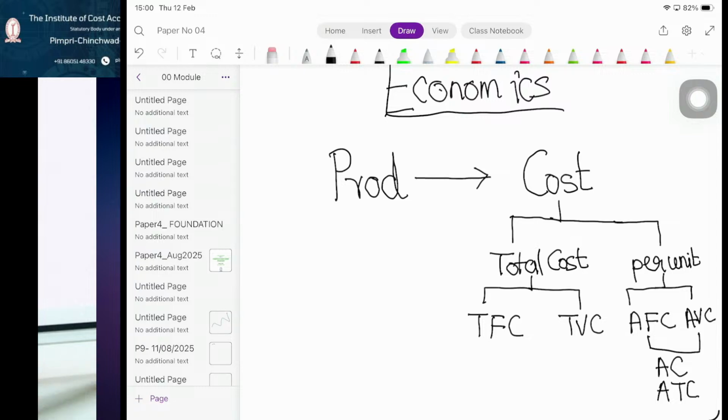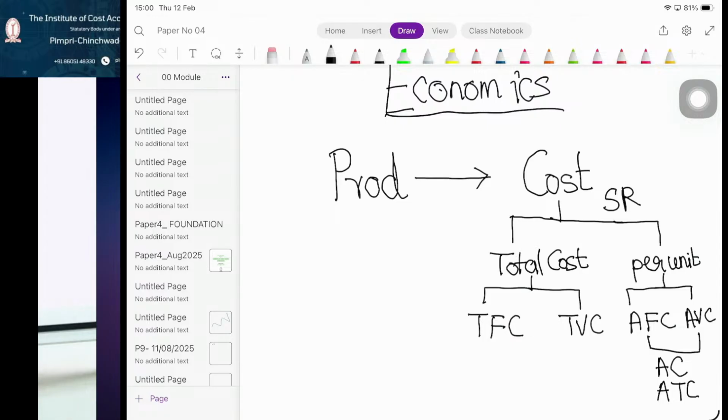Now all this theory that we have been doing, we will very soon see, is what is called the short run cost theory. In today's lecture we'll see what is the difference between short run and the long run.